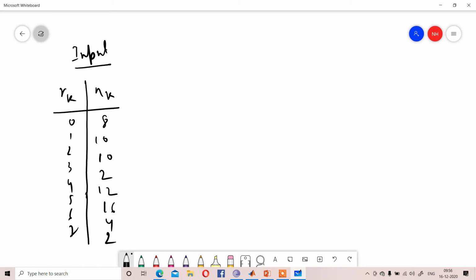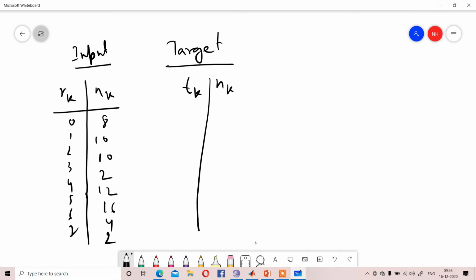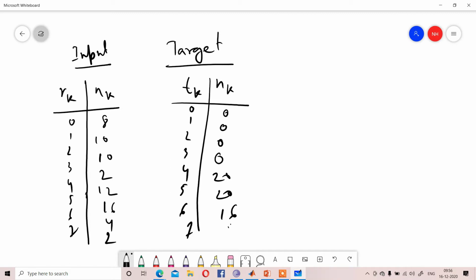That is your input image, and target image is given as TK and NK. Target image also 0 to 7, 0, 1, 2, 3, 4, 5, 6, 7, and 0, 0, 0, 0, 20, 20, 16, 18, 20, 20, 16, and 8. So input image is given and target image is given. You have to do the matching.